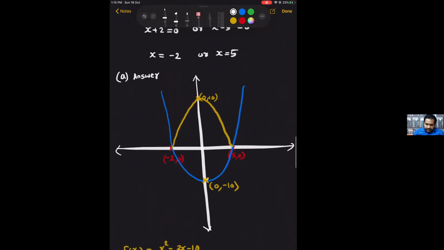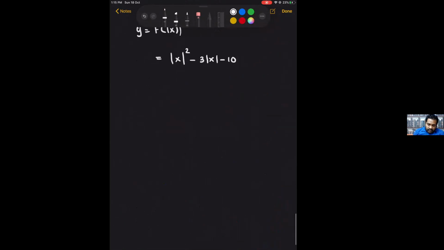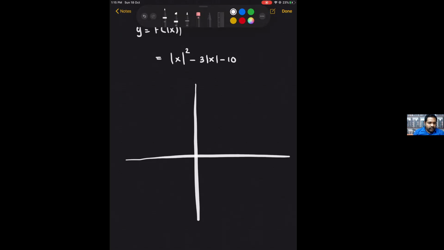The upward parabola. Then what happens to the graph? I will draw the graph for f of x once again.